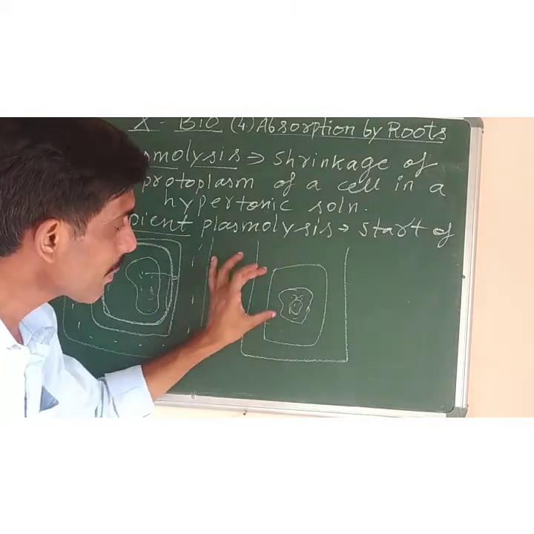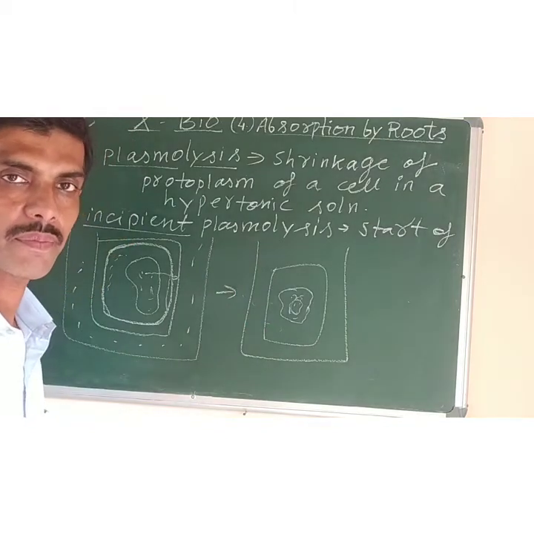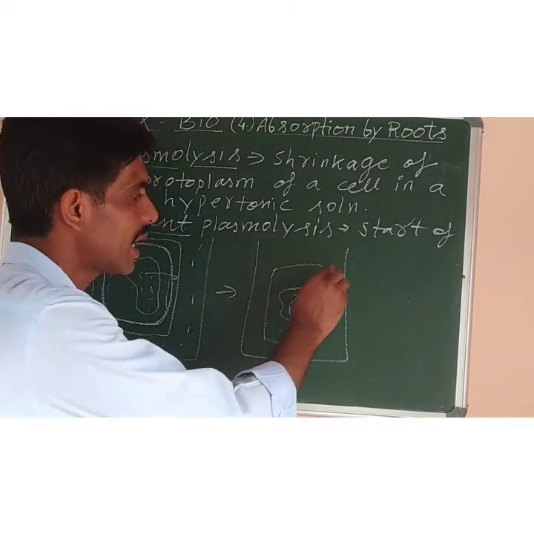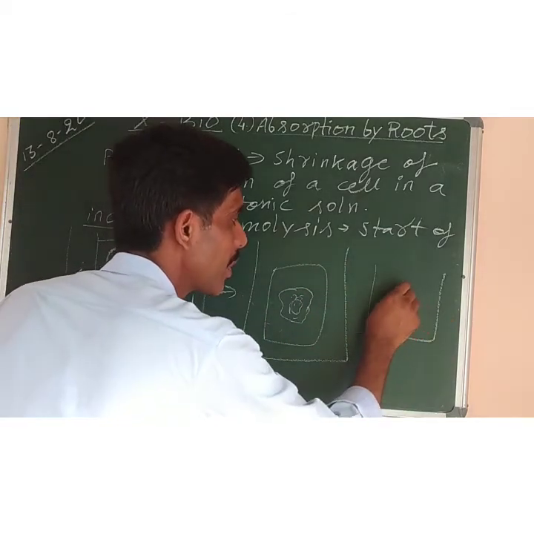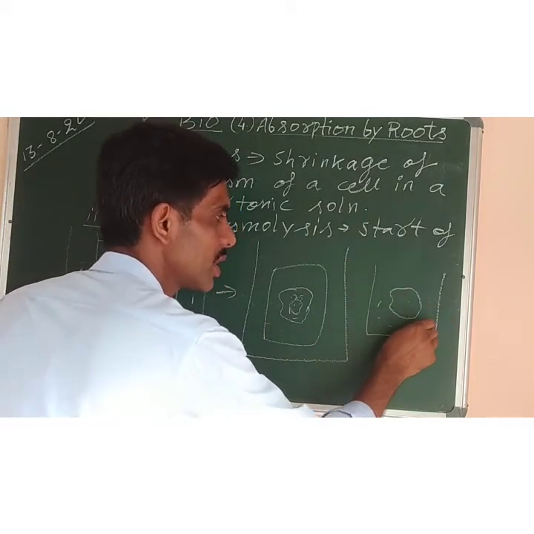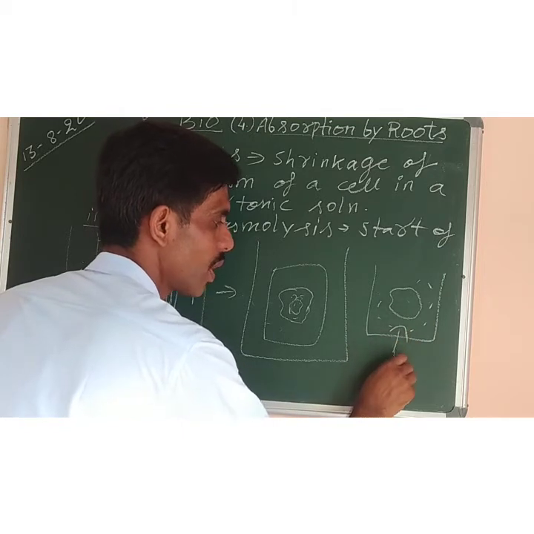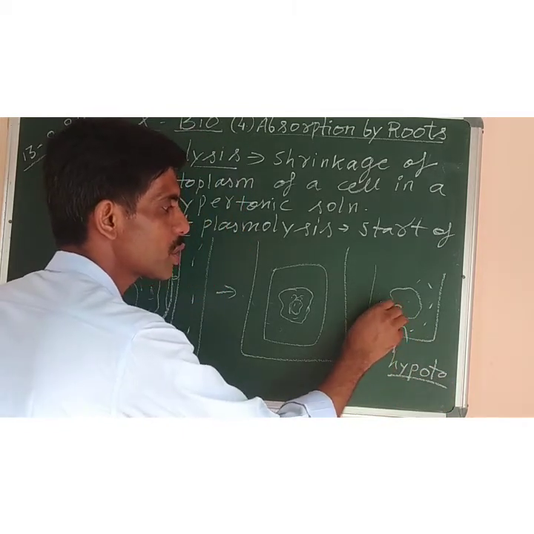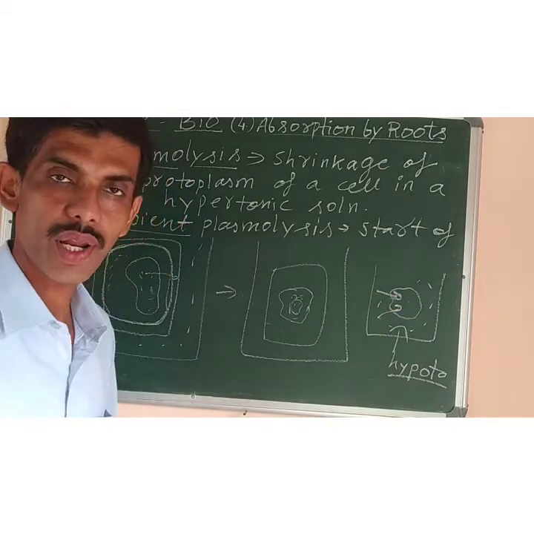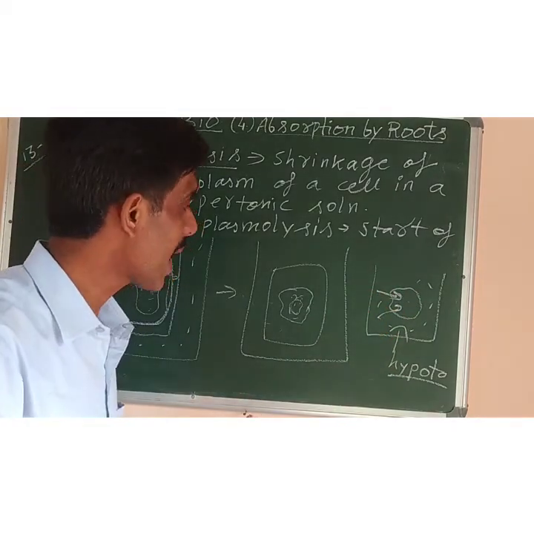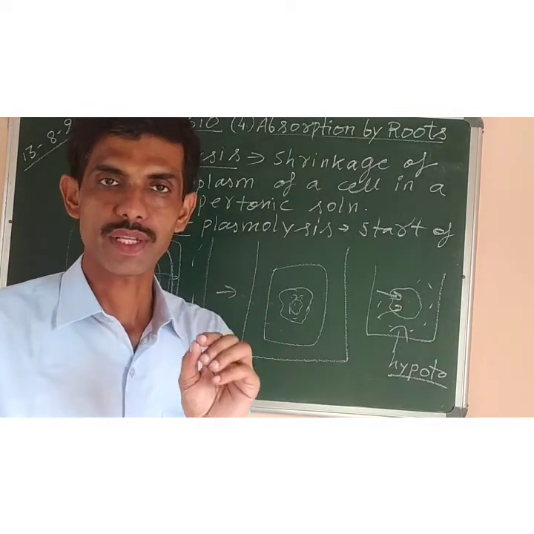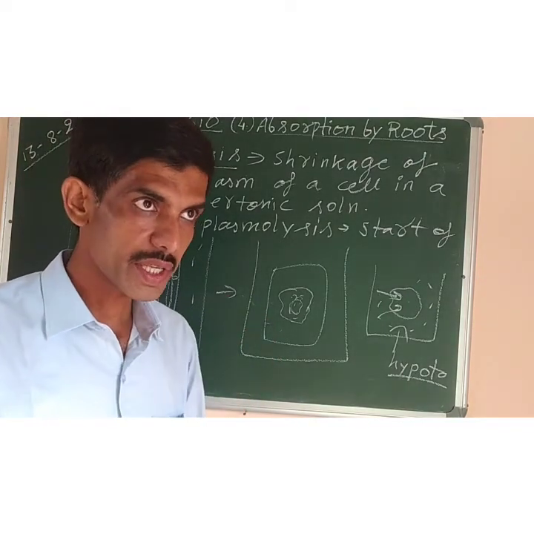Now, if I keep a plasmolyzed cell in a hypotonic solution, water molecules will enter inside the plasmolyzed cell and it will return back to the original condition. This condition is called deplasmolysis. So what is deplasmolysis?